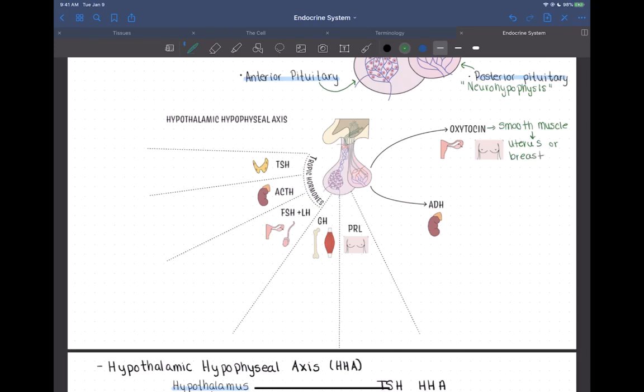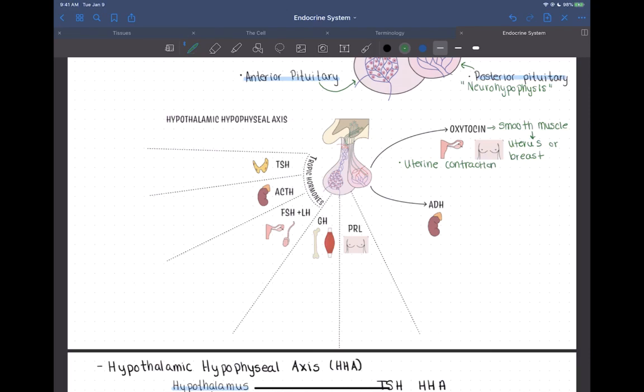Okay, and so then the function of oxytocin is that it causes uterine contraction during childbirth, all right? It's that positive feedback you probably learned about in A&P 2, okay? So uterine contraction. Okay, so that's one effect on the uterus it has.